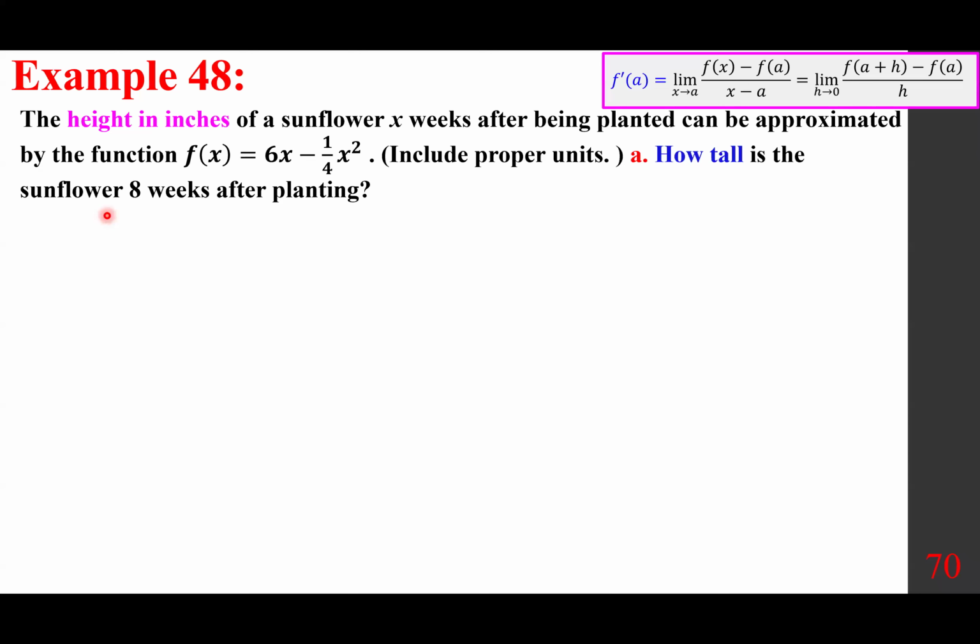Part A, how tall is the sunflower 8 weeks after planting? It's elementary algebra. That means plug in f of 8. So the first part, very straightforward. We're going to replace the x with 8.